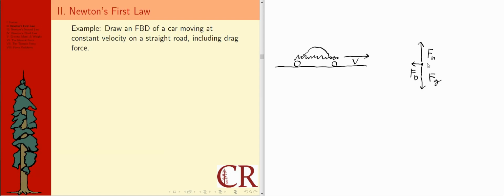And when the wheels go around, they push on the road, and then the road pushes back on the car in the form of a traction force. And that's actually what really maintains the car's motion and is balanced against that drag force. So I'm going to throw in here a 4th force and call it F sub t for traction. So that's the answer that I'm giving.